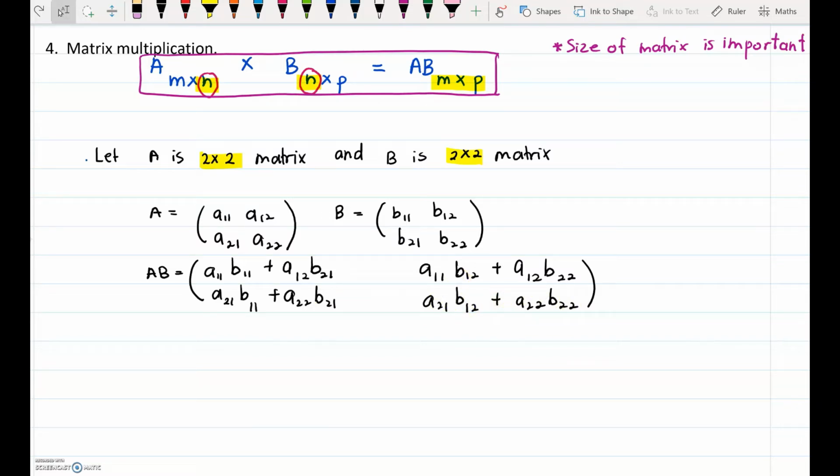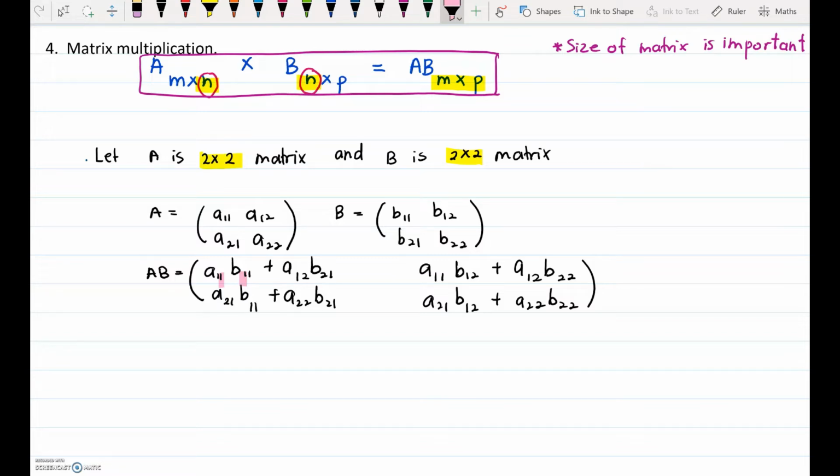If you can see here, you have the similar number of columns from the first one times the similar number of rows from the second one. So the good news is from this formula you have a shortcut.